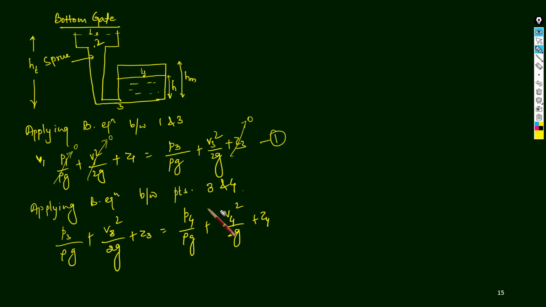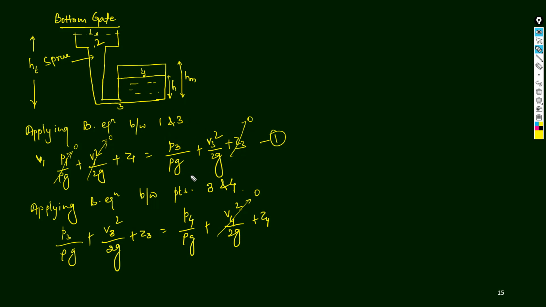What is the velocity at point 4? Let us consider it as 0, because if this is the opening through which molten metal is coming at some velocity, the mold cavity area is very big, so the change in height is negligible.